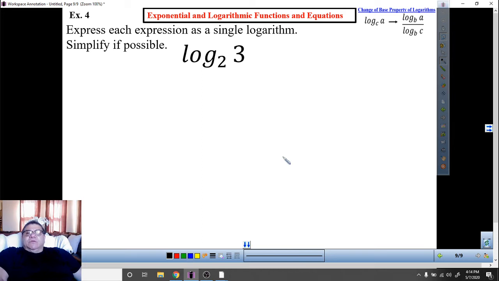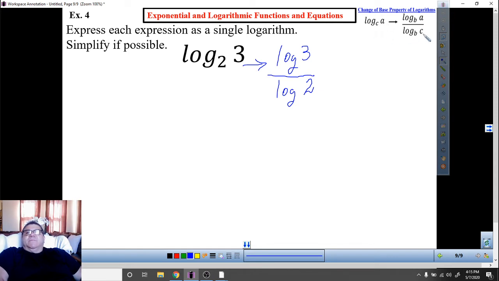So what do we do, Mr. Q? Then we rewrite it. So this becomes log 3 over log 2. You're like, what? Yeah, so look at this. Log given number a, there it is.